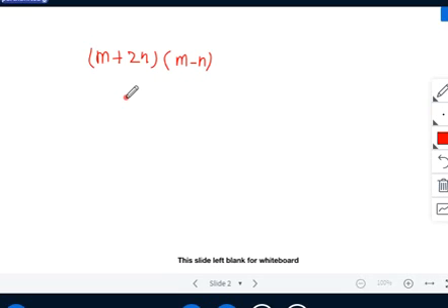No, it will be just m squared plus nm, plus mn minus 2n squared. Yes, that's correct.